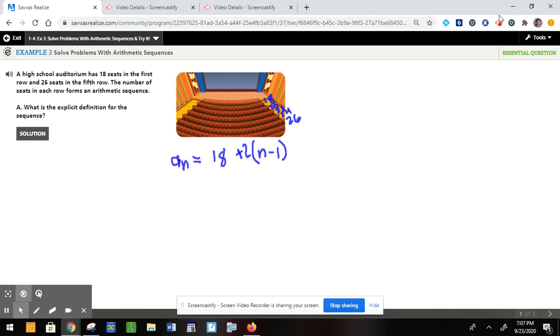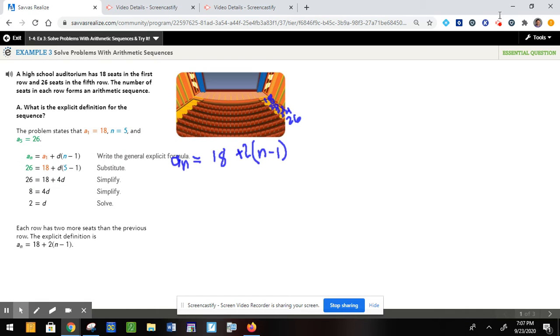All right, let's see if what I said makes sense. Okay, so they actually went about it a different way. I kind of figured out what that common difference was.